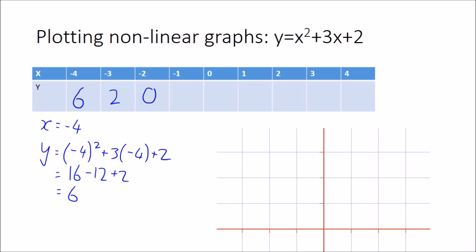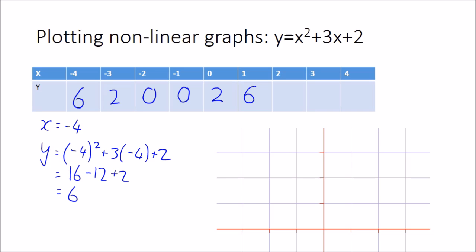Plus 2 is going to get us to 0 again, which is kind of interesting. 0, well 0 squared plus 3 times 0 is all 0, but we're back to 2. 1 squared plus 3 times 1 is 4, plus 2 gets us to 6. You might be noticing a pattern here.